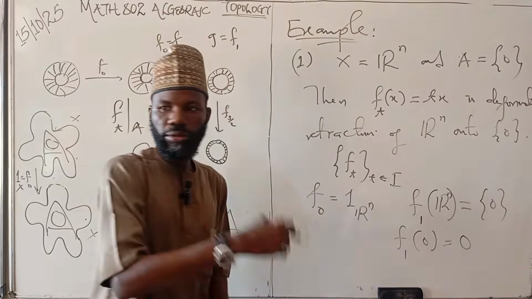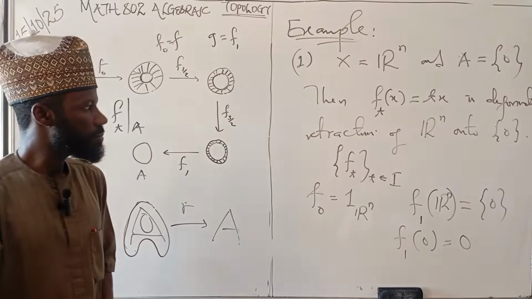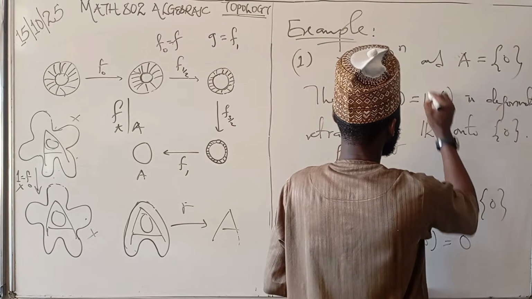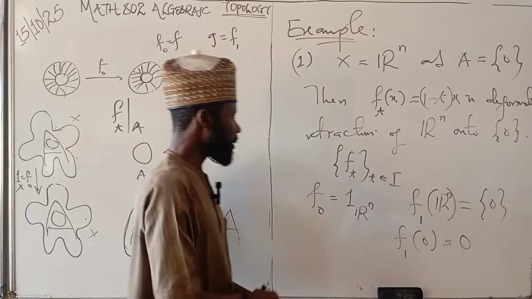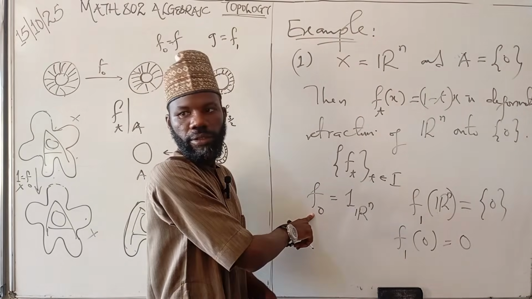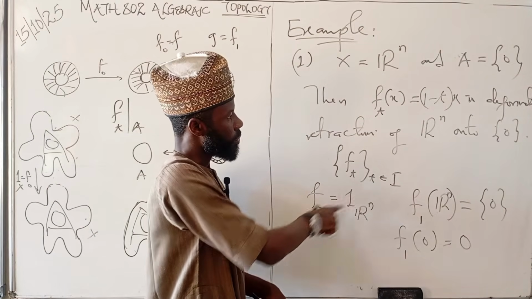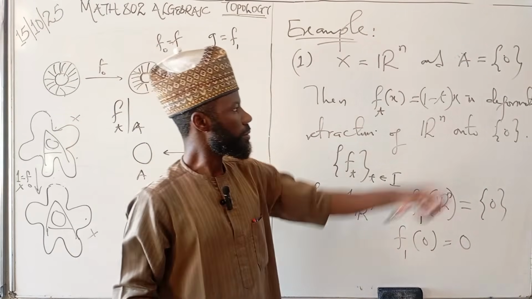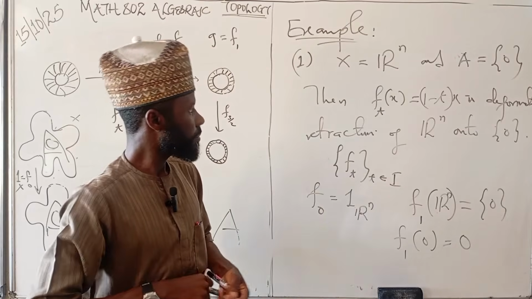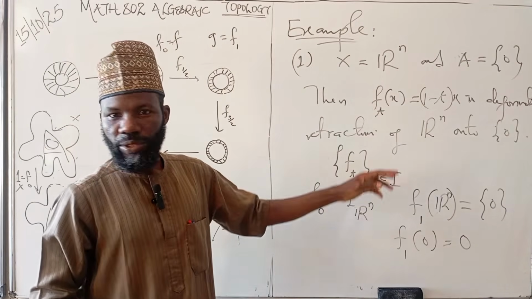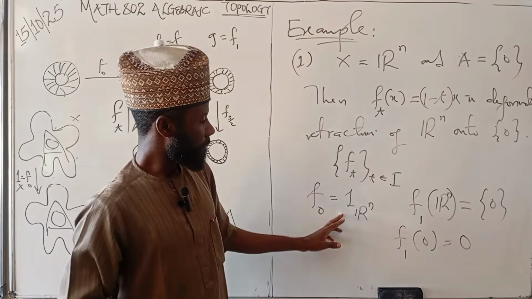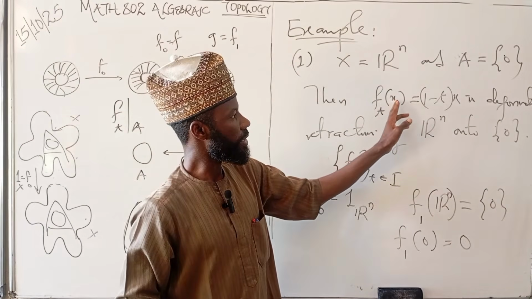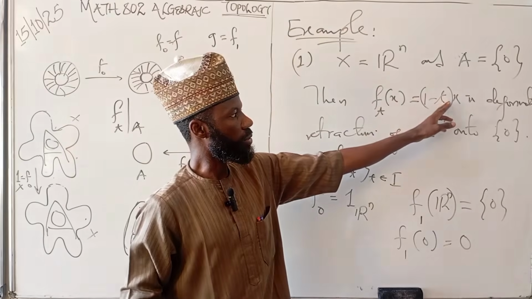Restricted to 0, it should be equal to 0. So we fix this one by writing (1 minus t) x, because that is when you will have F0 equal to x. Every point will map to itself under the first map. So the first map will be the identity. F0 of x is equal to x.